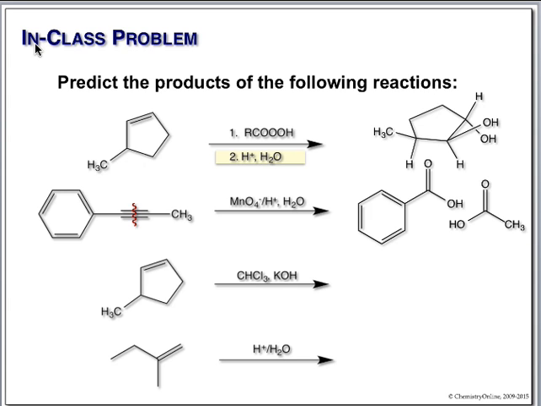Now remember, dichlorocarbene is neutral. Its carbon is trigonal. It has 2 chlorines, a lone pair of electrons on the carbon, and it's very, very, very electrophilic. We have a double bond here.